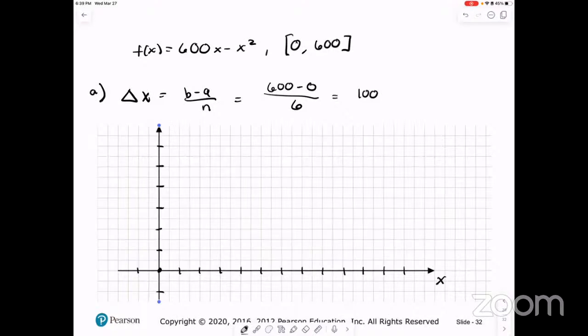So let's see, here's our origin. Now these, I did the following. I said this was like 100, 200, 300, 400, 500, and 600, right? And then this would be like negative 50 over here. These, I think, we can go by twos.